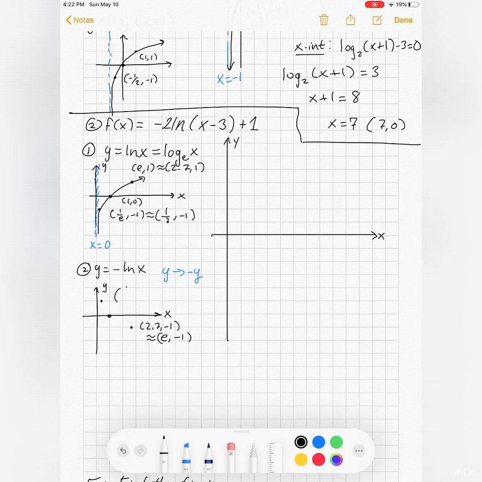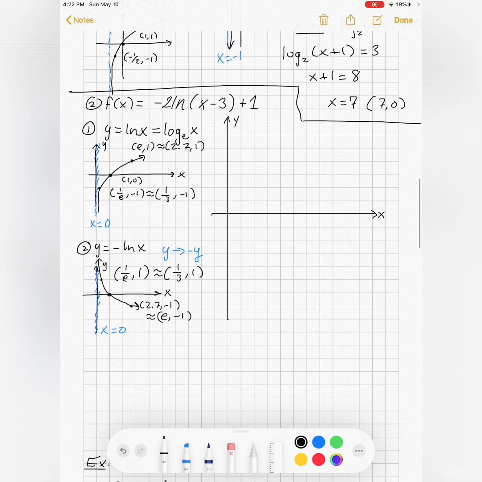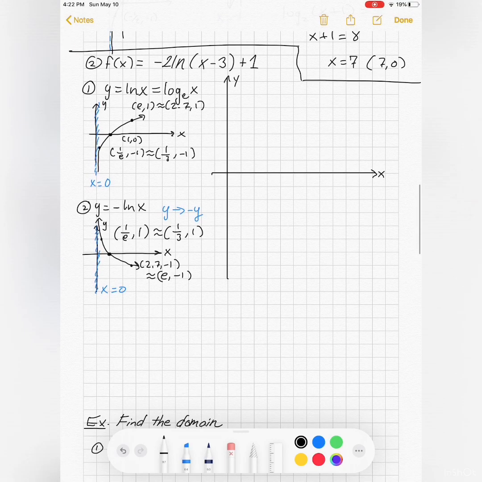And then 1 over e, 1. Okay, then multiply by 2.